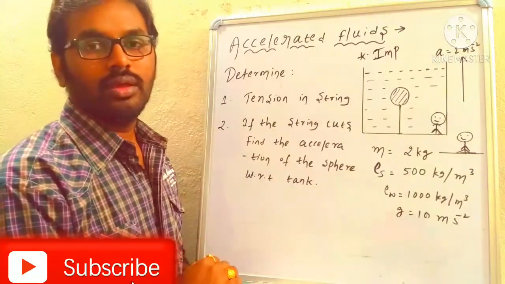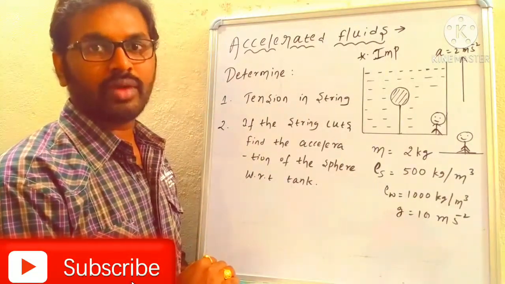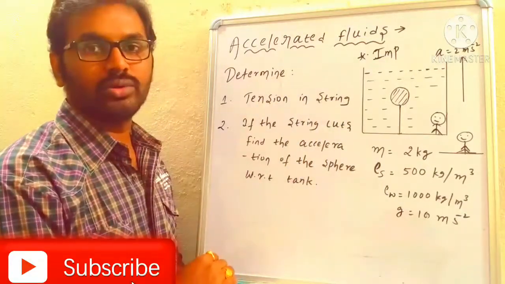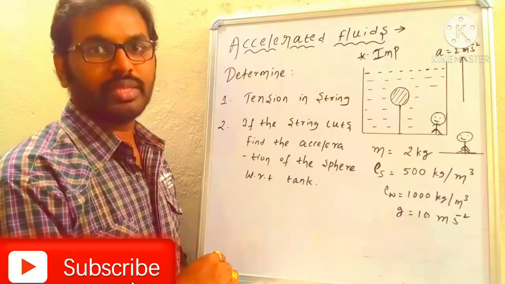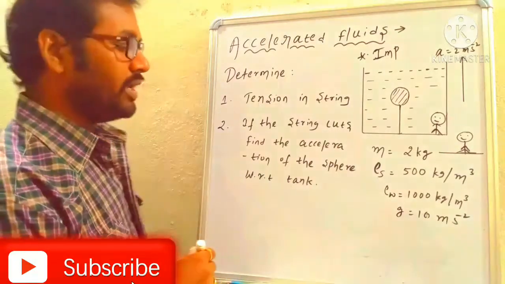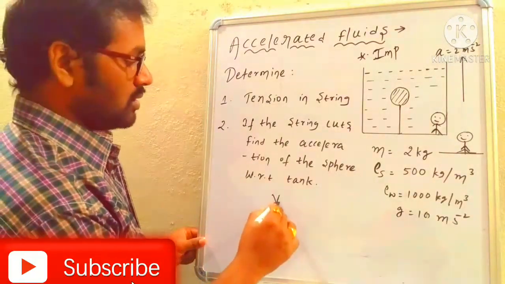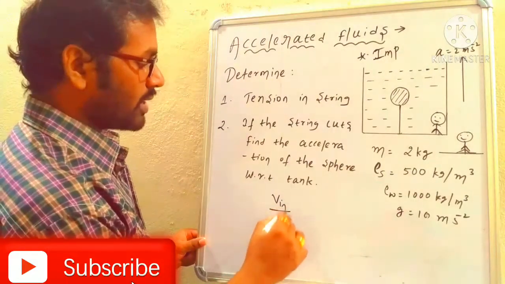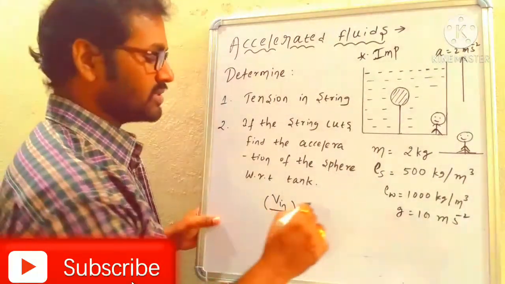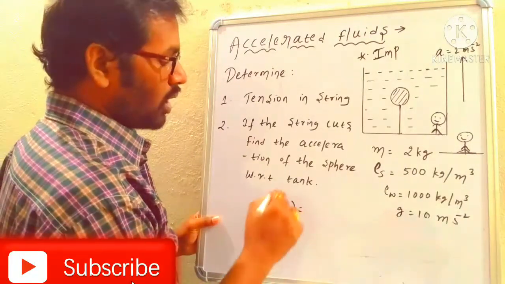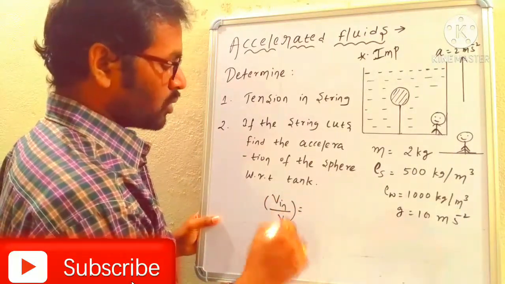According to the law of flotation, we can write weight of the object is equal to the buoyancy force acting on that sphere. With that you will get the volume inside divided by the entire volume. The fraction of volume inside the liquid is the volume inside over total volume.